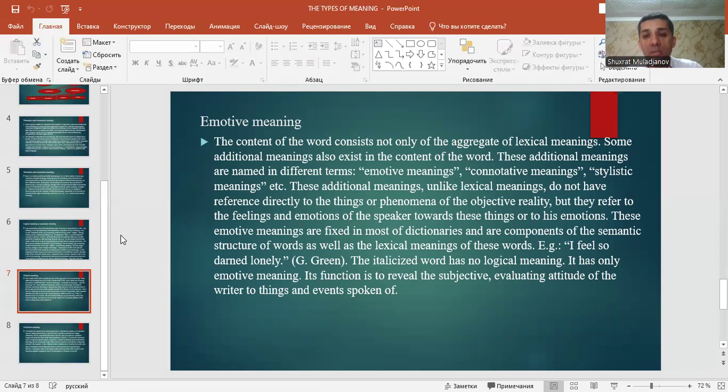So when we give any word meaning in utterances, we consider some emotive characterization of the words. This is like additional meaning, unlike the lexical meanings that we have.